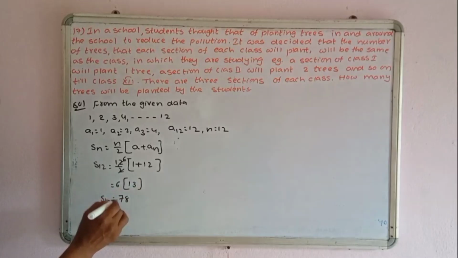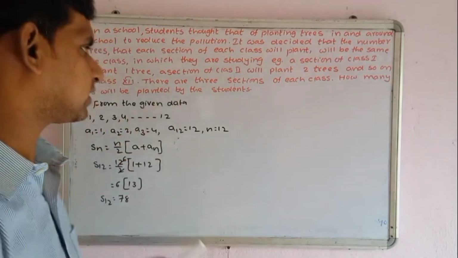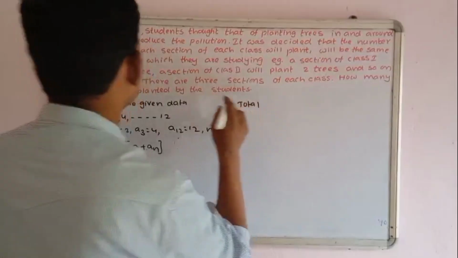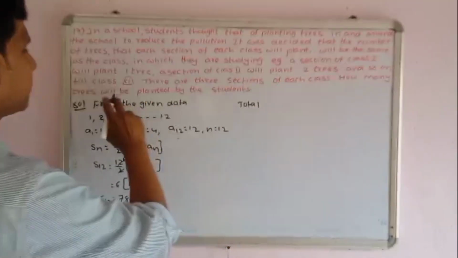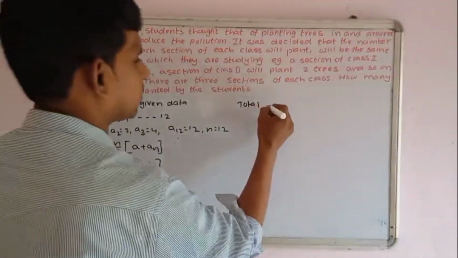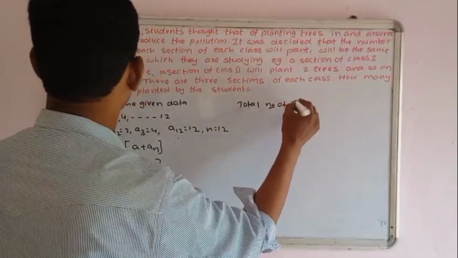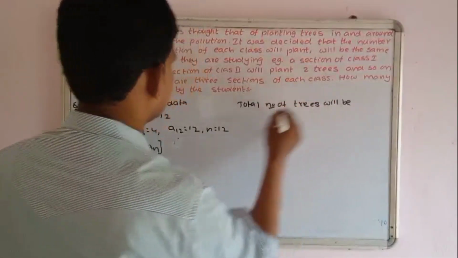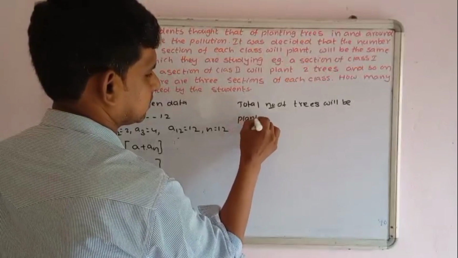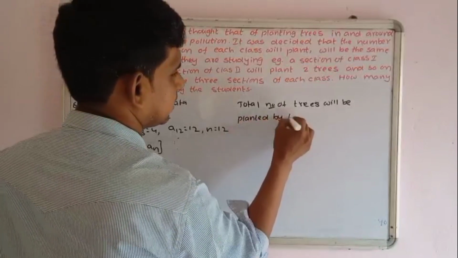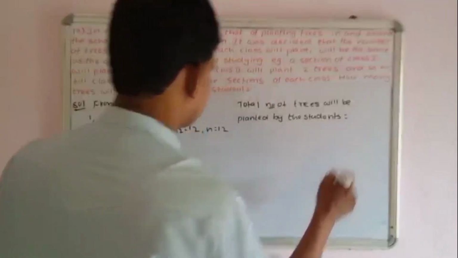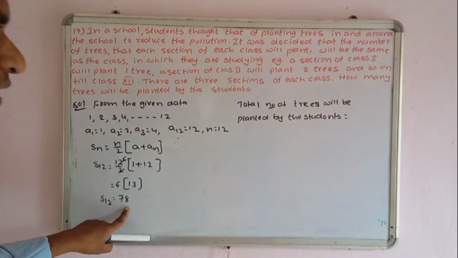So yes, 78. But how many sections are there in each class? 3 sections in each class. How many trees will be planted by the students? Total number of trees planted by the students equals, so total plants actually 78 for each section.